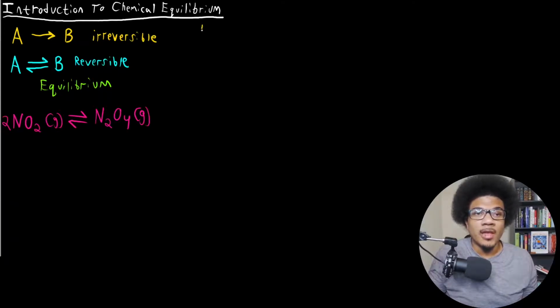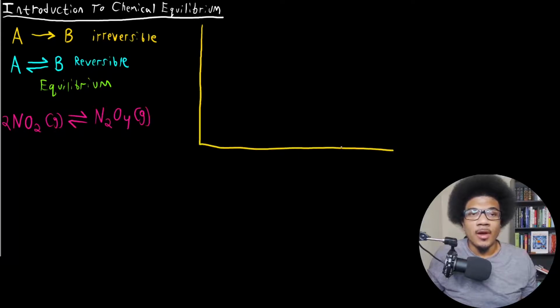So let's look at a plot here. Let's say we draw out a plot, and on the y-axis, I'm just going to have the concentration of our substance. And on the x-axis, I'll have time, so this is time as the reaction progresses. This first curve will be for NO2.